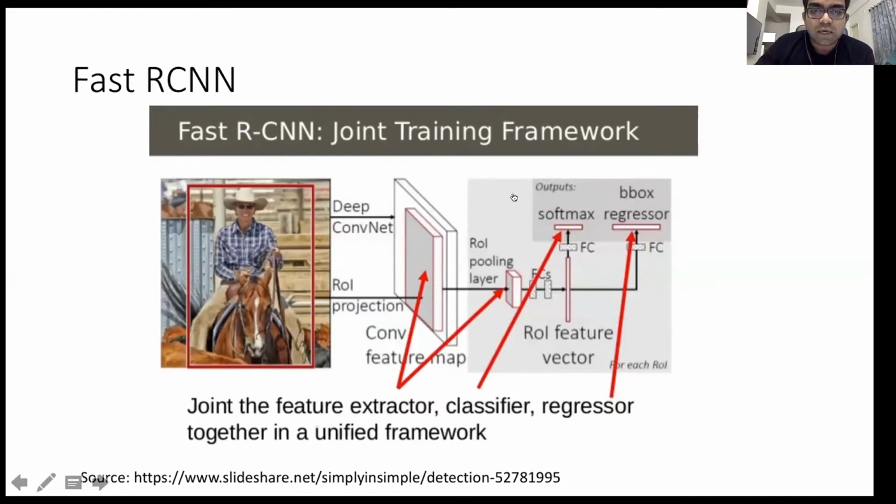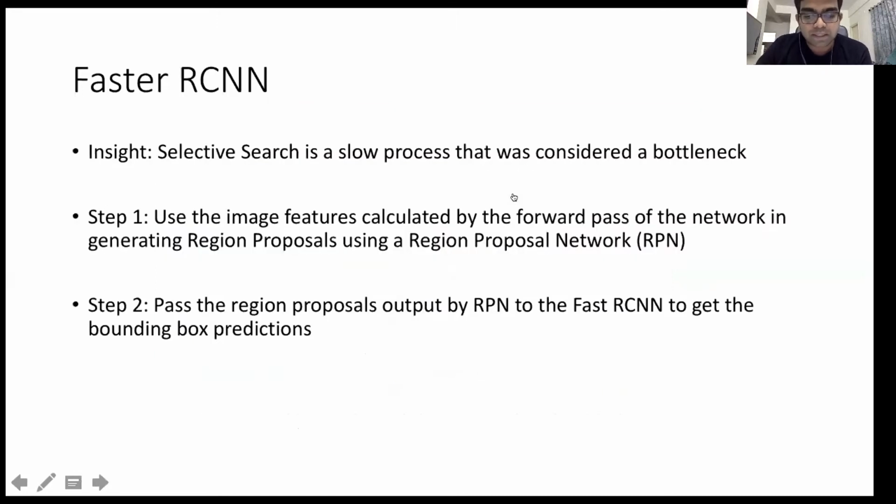So Fast RCNN was able to improve the computational cost, but there was nothing in terms of the accuracy of the algorithm. Later, looking at improving the algorithm further, they saw selective search itself is a bottleneck in terms of improving the speed of the algorithm.